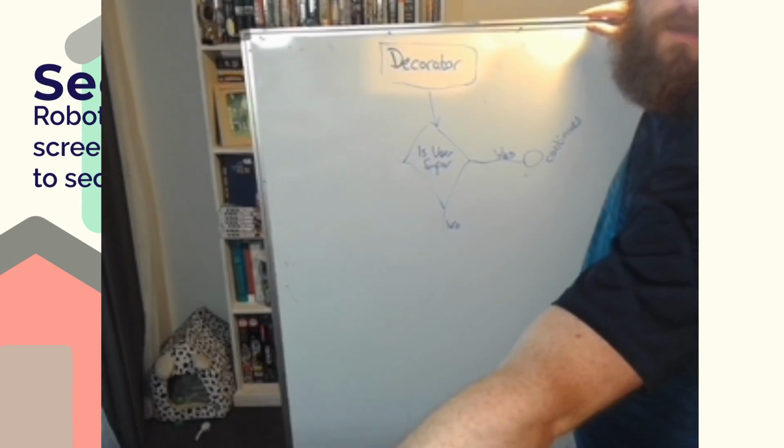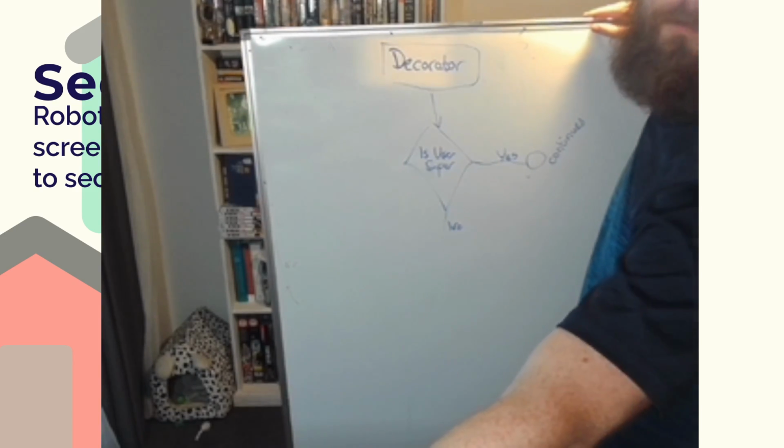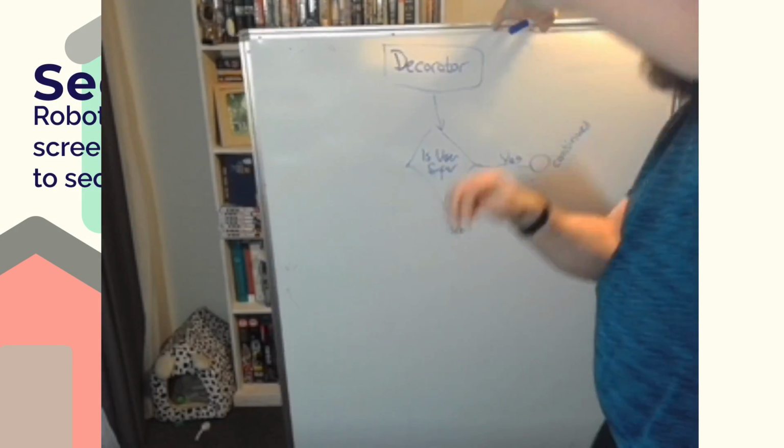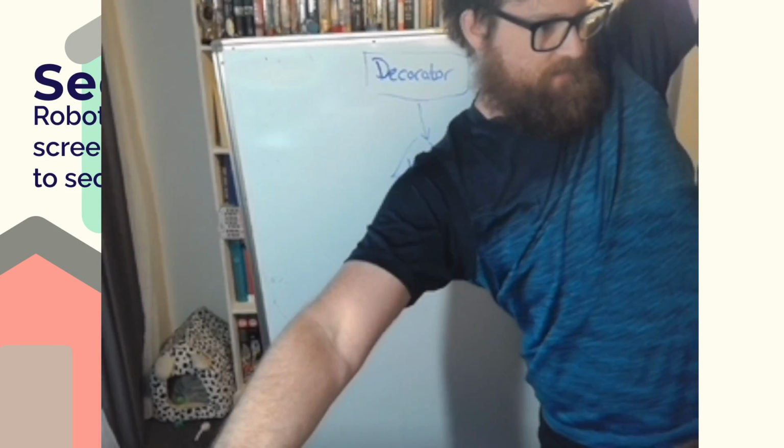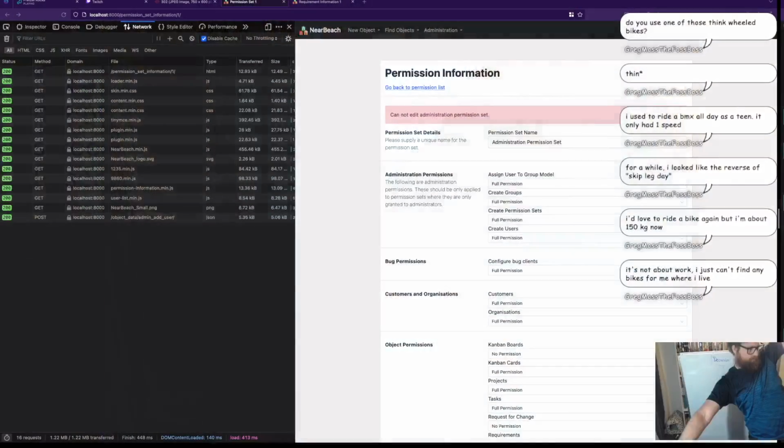If I go back to this permission set screen, we need to check to see if they're assigned users to group, if they're created, if they can gain access to groups, create permissions, and so forth like that.